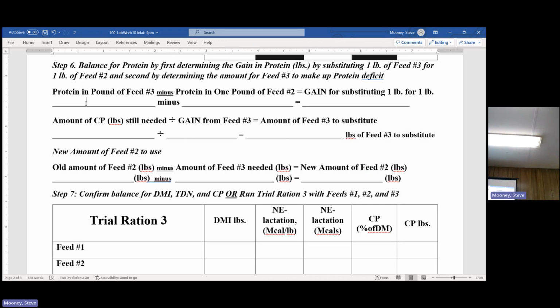The formula to figure that out is one pound times, that's the formula for that blank, if you want to put that on your cheat sheet.